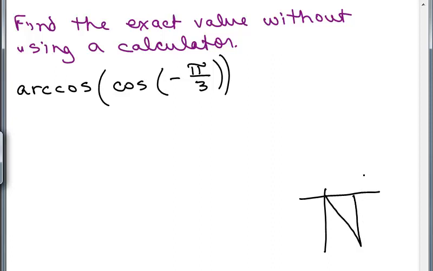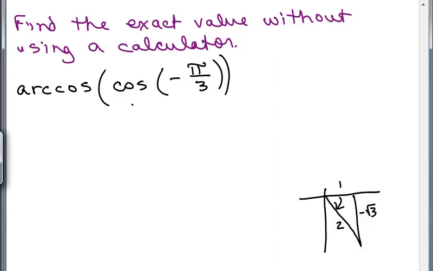And hopefully you recognize that as a 30, 60, 90 triangle. This is negative square root of 3 and 2. Right? So this is the angle, negative pi over 3. Right? So what is the cosine going to be for negative pi over 3? The cosine is x over r, so it's 1/2.